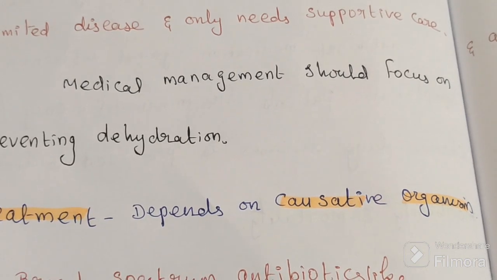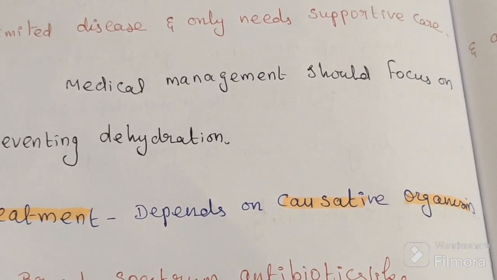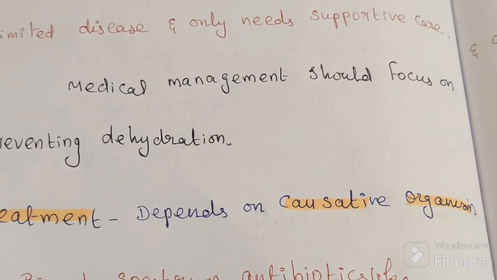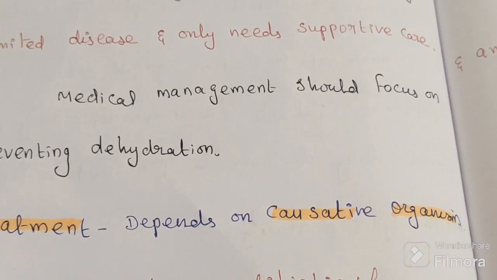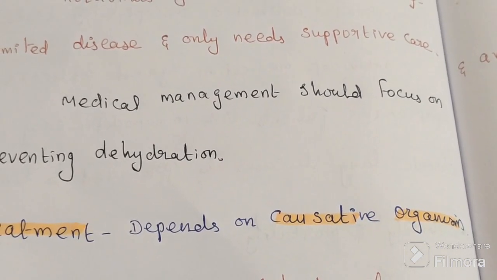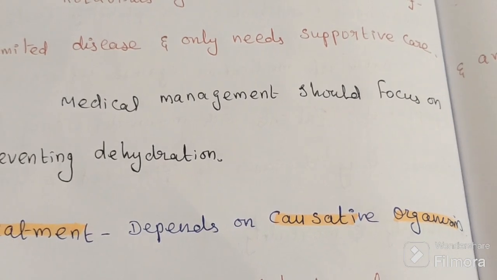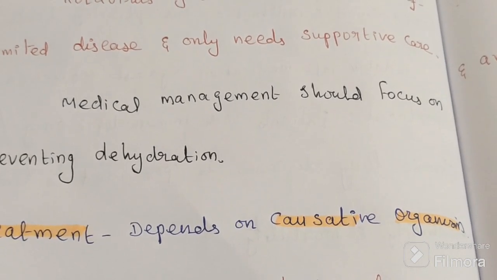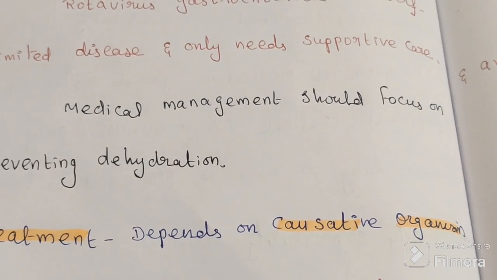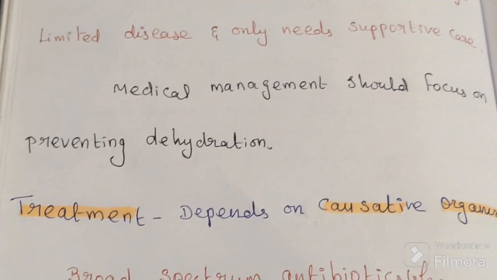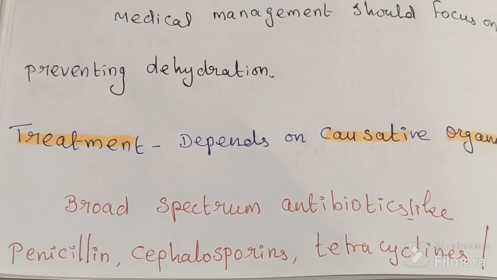Due to increasing antimicrobial resistance patterns, antimicrobial agents should be used judiciously. Antibiotic susceptibility test and clinical response, as well as the optimal duration of antibiotic therapy, must be checked. Treatment depends on the causing agent.